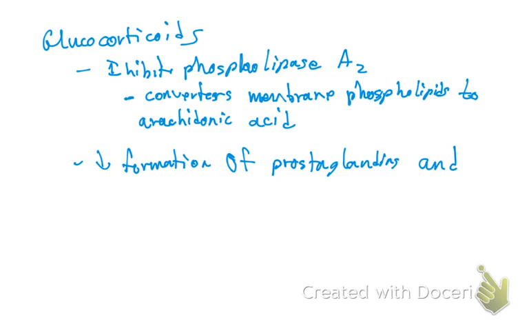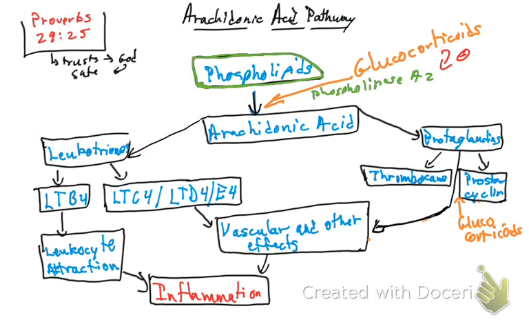We can see this in the diagram. After arachidonic acid, what comes from arachidonic acid? Prostaglandins and leukotrienes. Everything beneath phospholipase A2, which is the enzyme responsible for converting phospholipids into arachidonic acid, is going to be blocked.